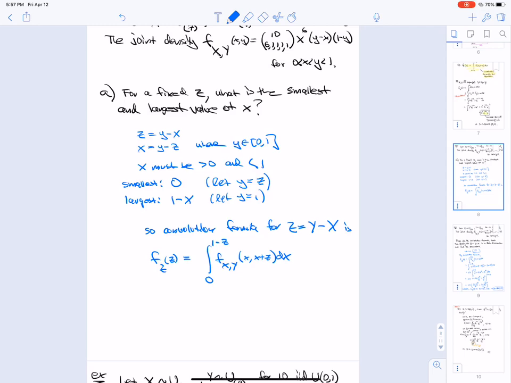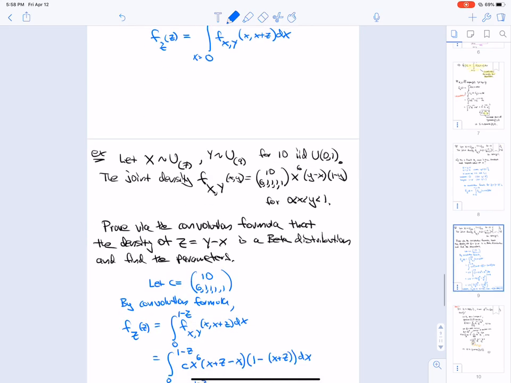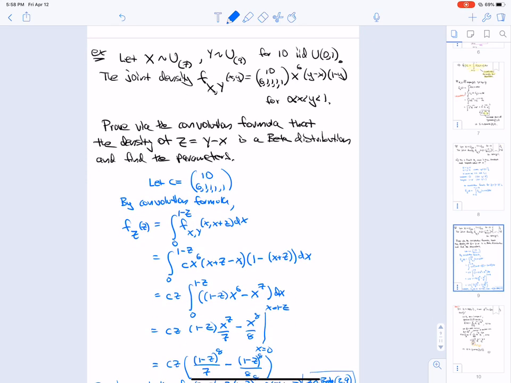So the convolution formula then for z equals y minus x is going to be what's shown here. We're going to take the integral from 0 to 1 minus z, because those are the values for x. And then we have the joint density, where now it'll be x plus z. Great. Now, I asked you to prove via the convolution formula that the density of z equals y minus x is a beta distribution, and find the parameters.